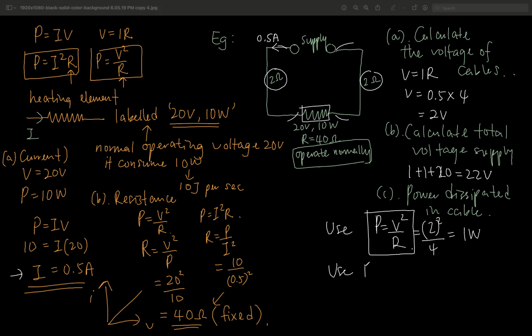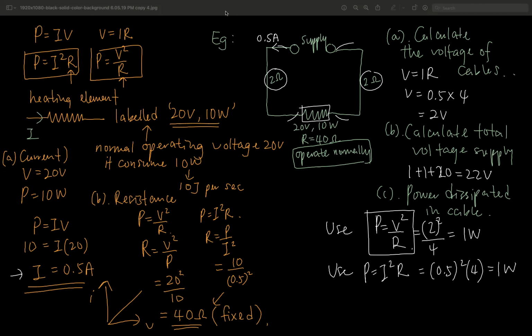Or you can use P equals I squared R. In this case the I is the same for everybody because we have a series circuit. So P equals 0.5 squared times 4. Again, you get 1 watt.